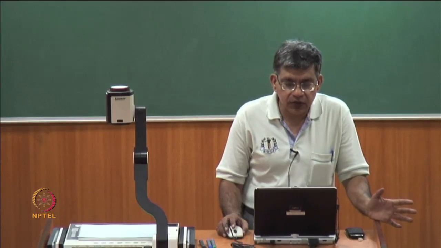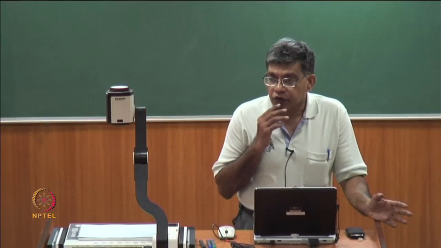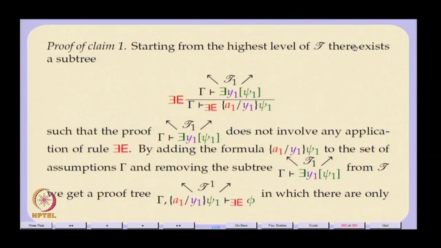So essentially what we are saying is you start from the highest level of the tree, and there is some first application of there exists elimination, right. Let us say that is a subtree T1 rooted at a formula like there exists y1 psi 1. Because of which, when you applied there exists elimination, you got this first constant A1.